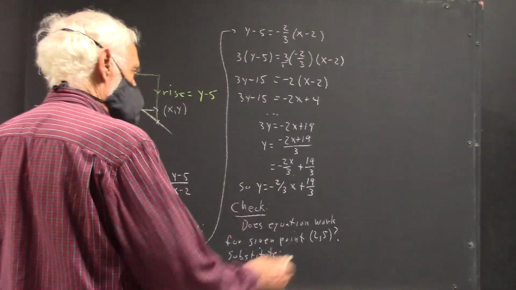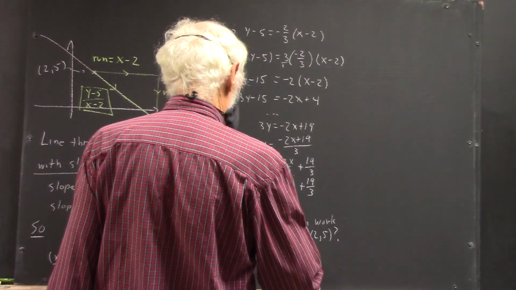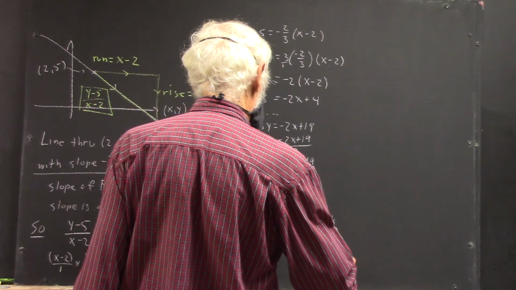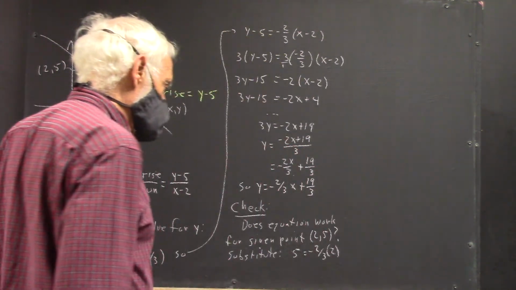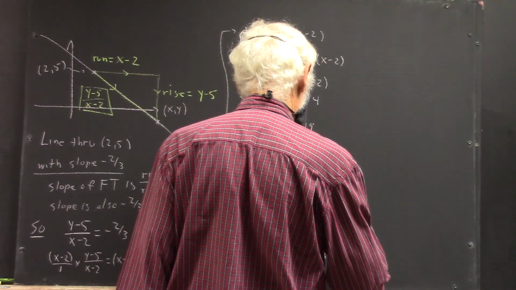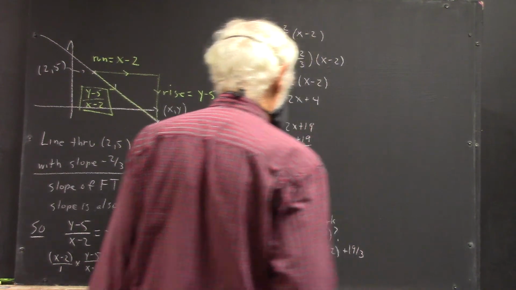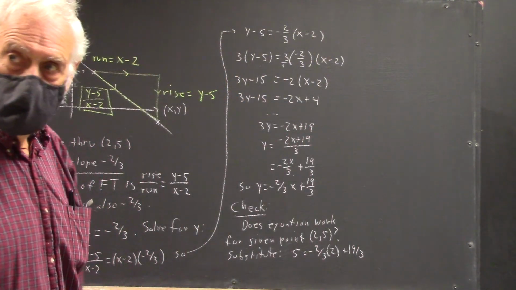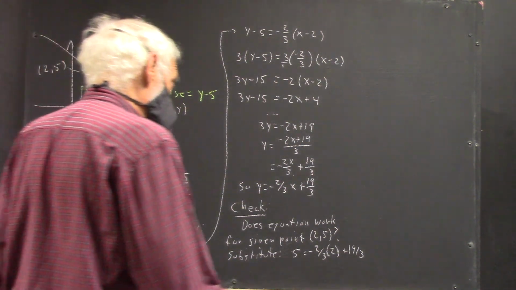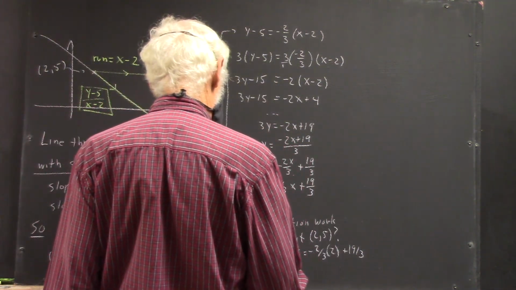So we substitute into the equation, and we get y is 5, x is 2. We multiply everything by 3.